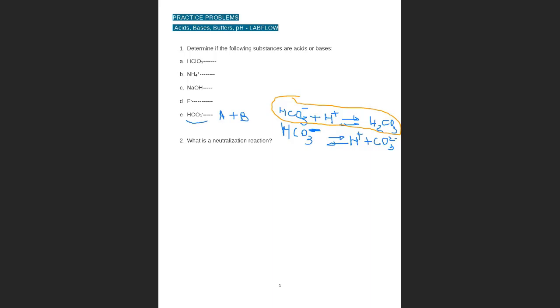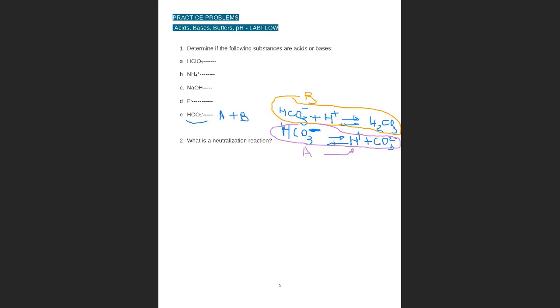Very good. Because it's accepting a proton. And how about in the second one? It's acting as an acid because it's donating a proton. Very good. I guess in this one you are good.